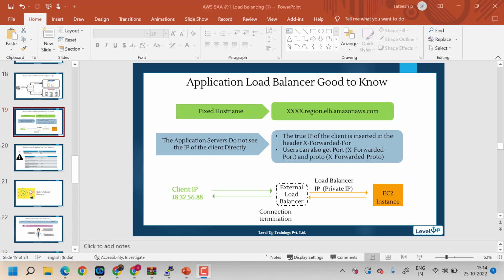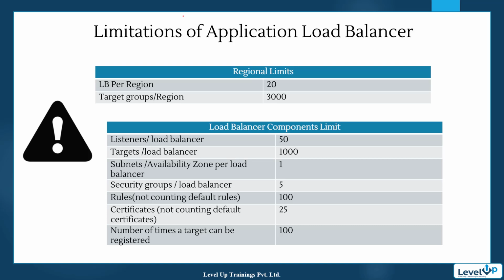All right, now let us look at the limitations of the application load balancer. You can create around 20 application load balancers per region, and the target groups limit is about 3000.